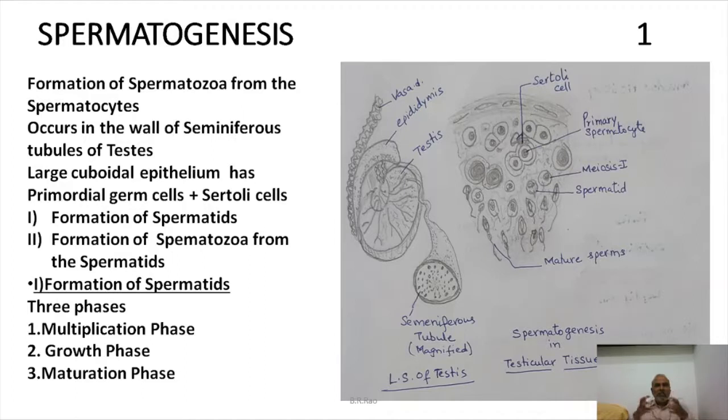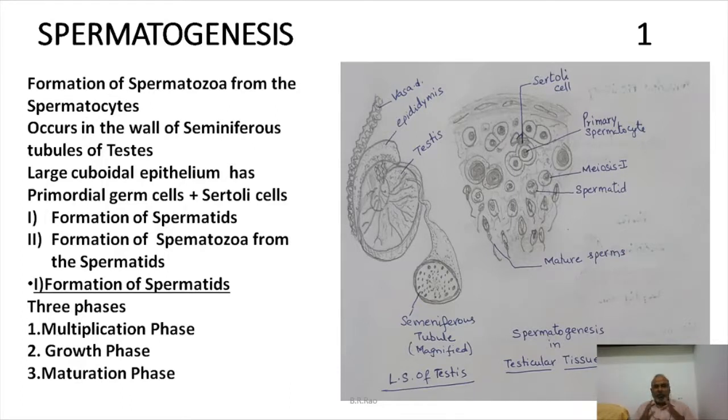All these parts are formed by another very important process. The formation of spermatozoa from spermatids is called spermiogenesis. Sperms are produced from those undifferentiated cells.